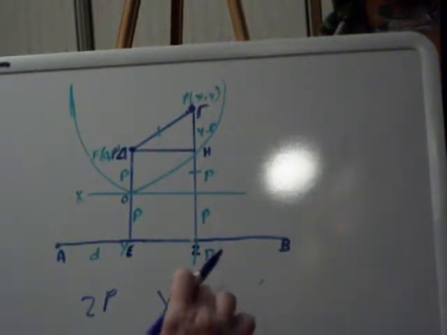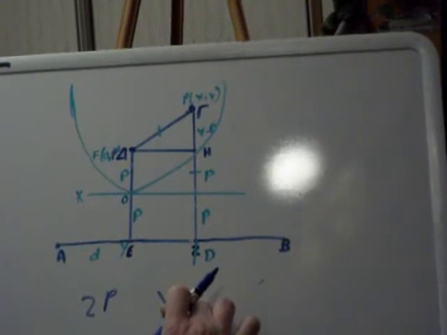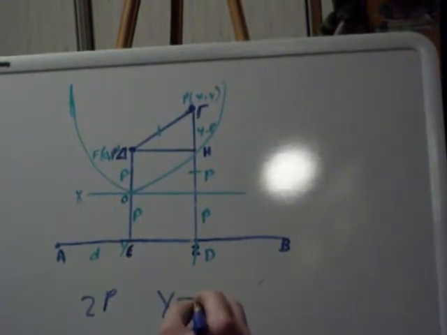And by the way, that's a lowercase p, not a capital P. And why do we know this? Why is the distance of the directrix that way? Well, we're going to get into that in just a second.